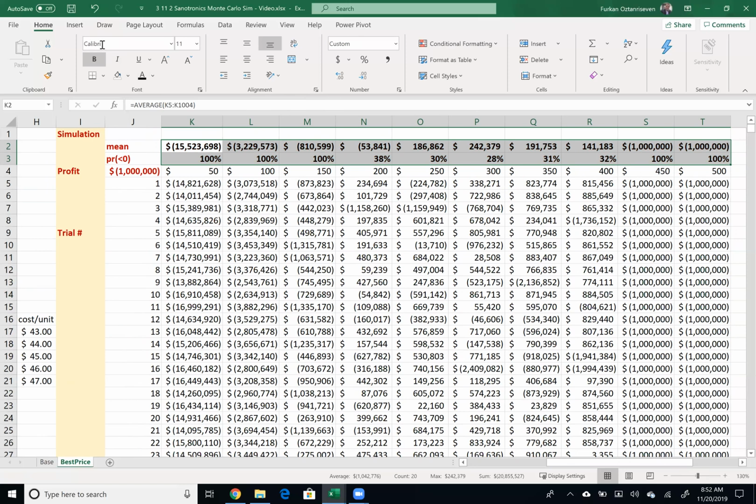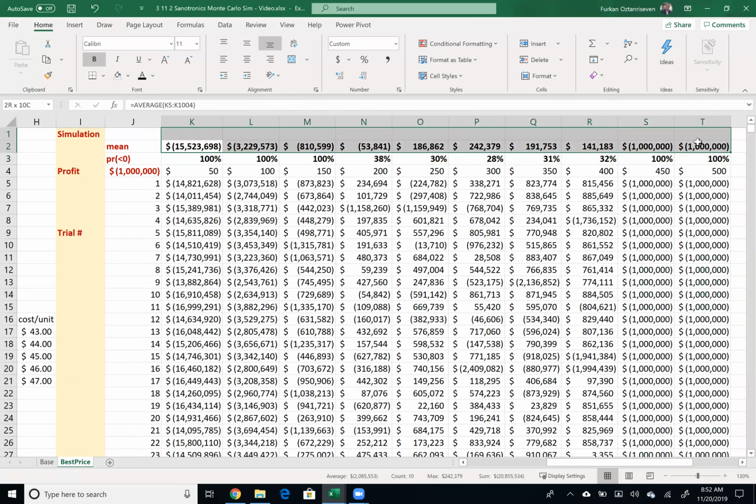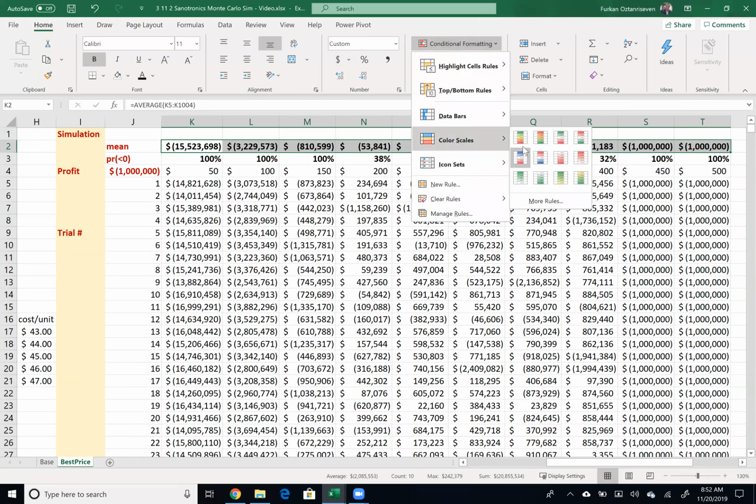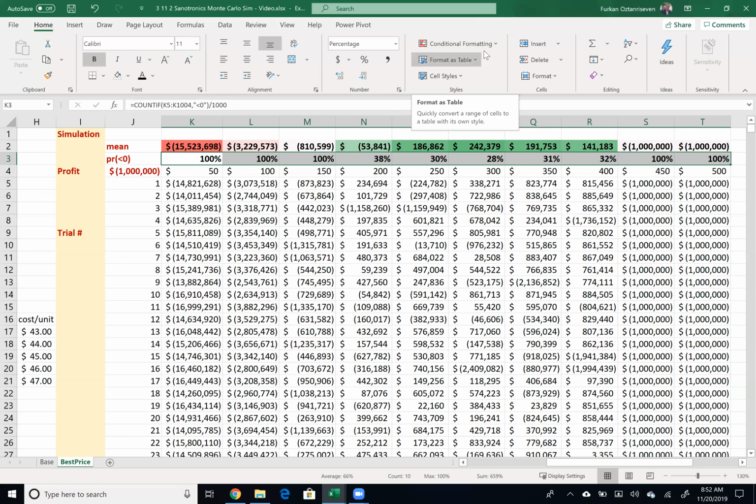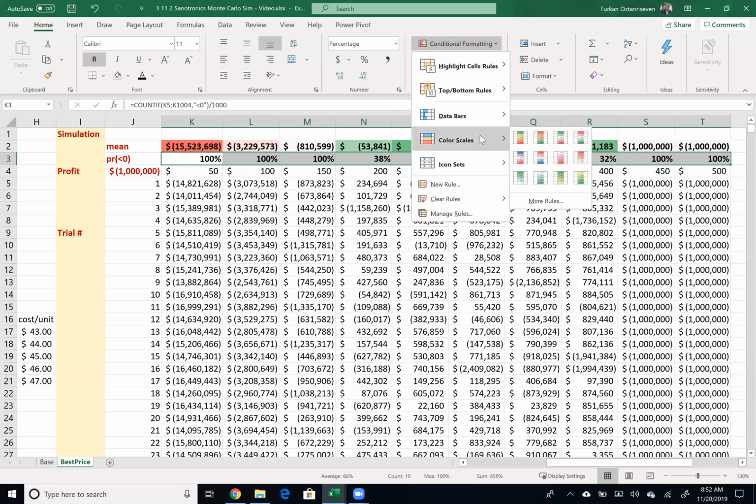I will highlight this and then Home, Conditional Formatting. Let's use green as the best number and red as the worst number. And then same thing here, but this time the lowest number is the best number. So conditional formatting, color scales, the best number, which is lower.